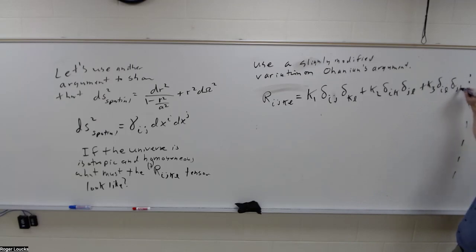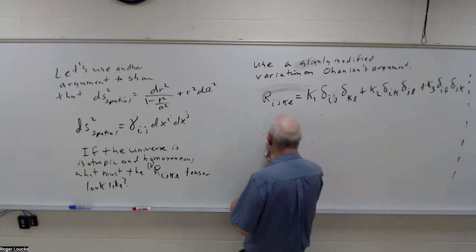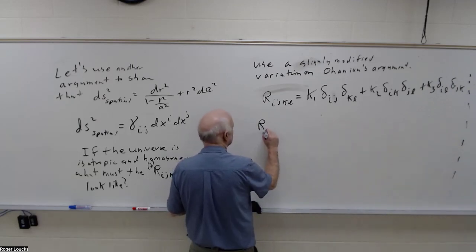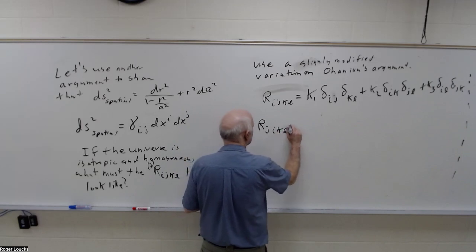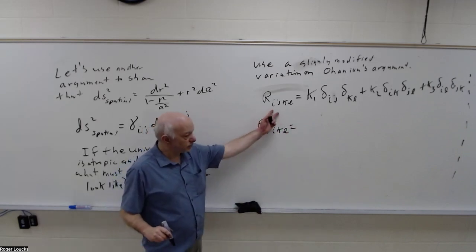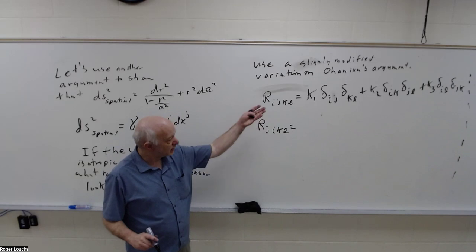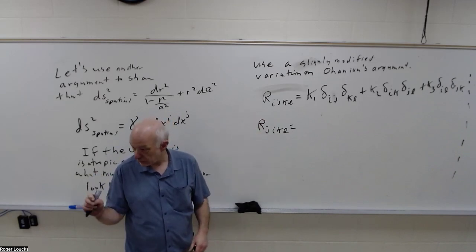Okay, makes sense. Now, what do we know? If I take these two and switch them here, what do I have? I'm going to have the exact same thing, but my j and k are going to be switched.